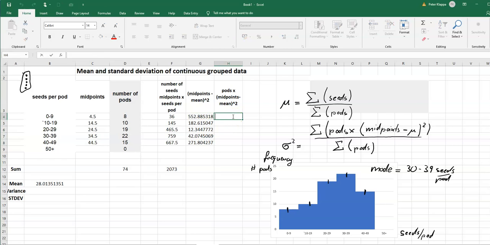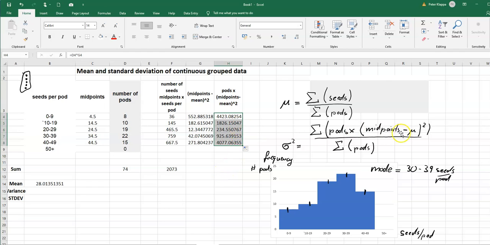Now I multiply it by the number of pods. So that is the number of pods times the difference here that we've calculated. And again, Excel is doing all the heavy lifting.